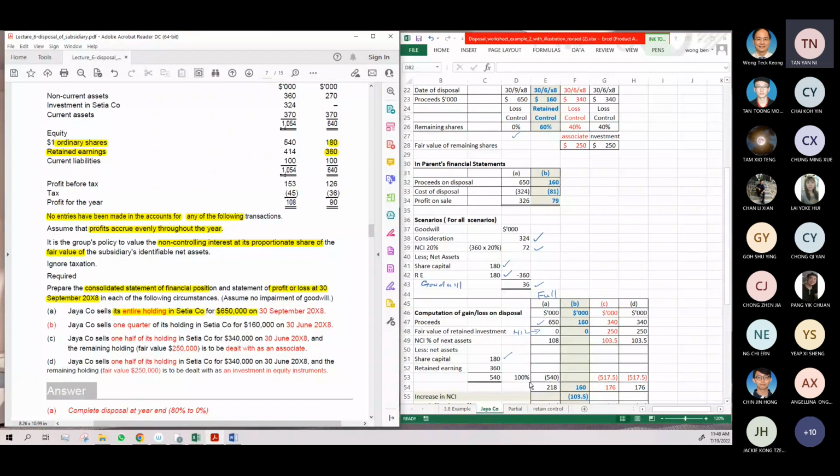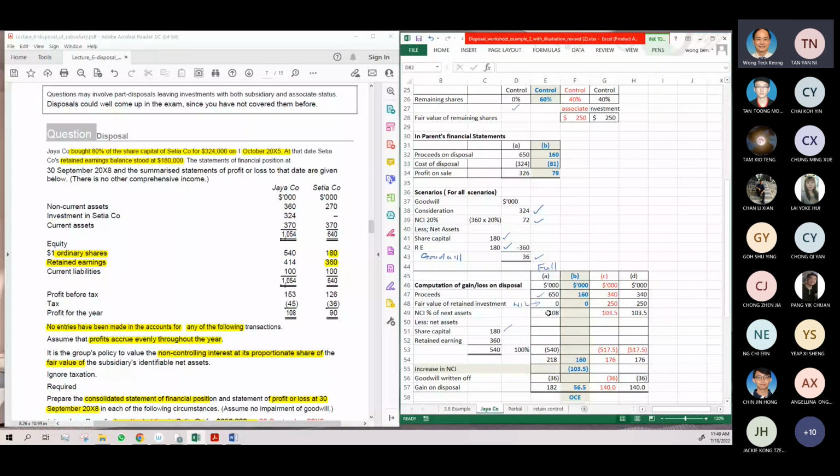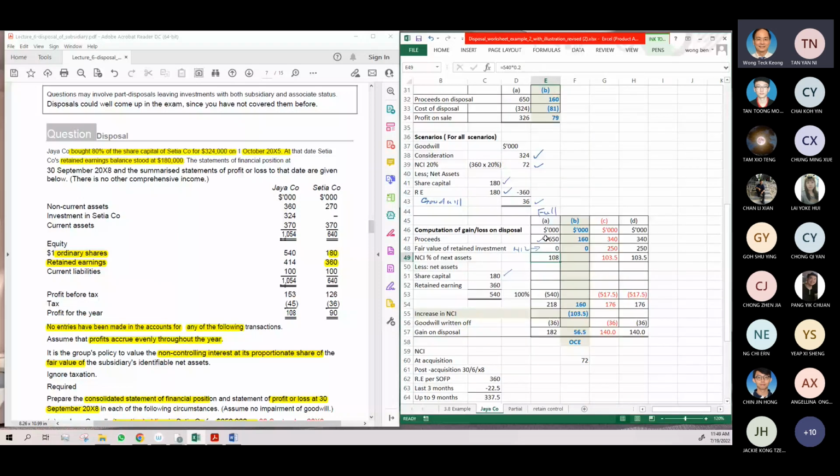Okay, 540. But the proportion of net asset is because you have 80%, and 20% is NCI. So this is how: 540 times 20% gets 108. So proceeds plus NCI, because you didn't keep anything, you sold off fully, minus the net asset 540, you get 218.